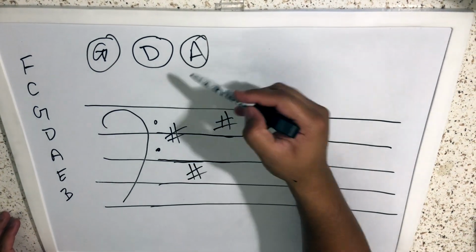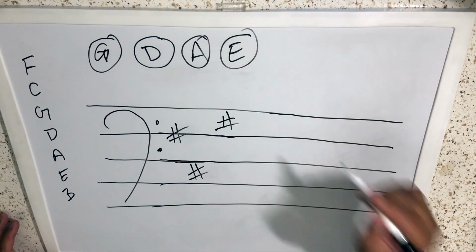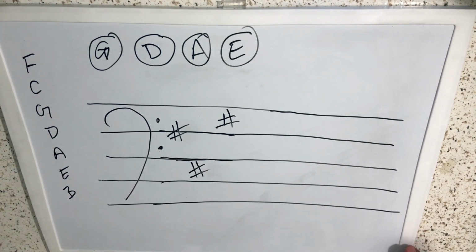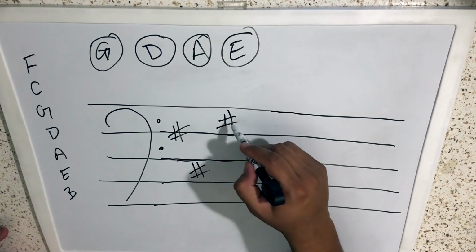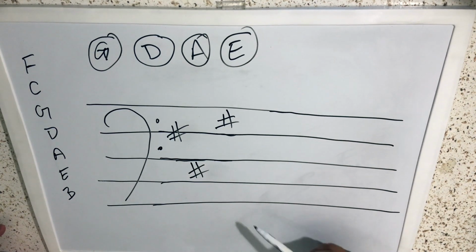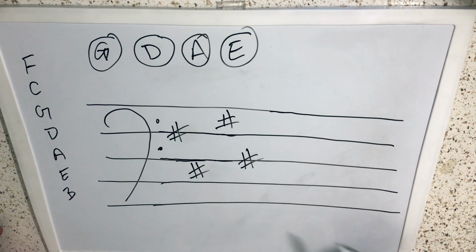The fifth of A is an E. E has four sharps, F, C, G, and D. So we already have these three, so now we just have to find D. So good burritos don't. That's where it would go.